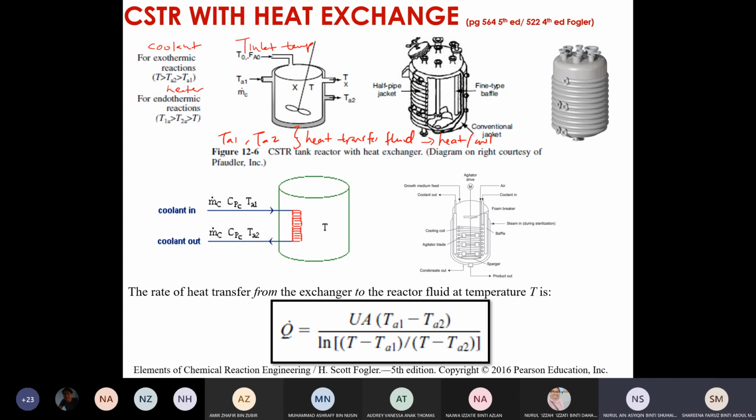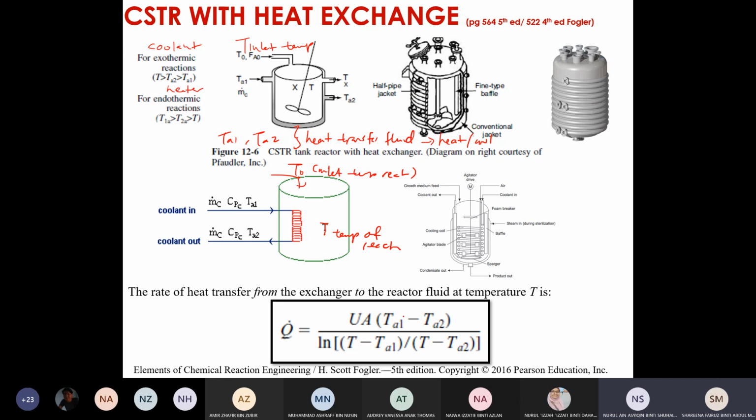Okay, jangan quick confuse. Okay, so kalau you tengok pada sini, katakan we have a coolant system. So TA1 is for the coolant in and TA2 for the coolant out. T besar ni adalah T temperature of reactor. Okay, jangan mix up. Kalau ada T0, ni adalah T inlet lah untuk temperature of the reactor. Okay, jangan salah benda ni.